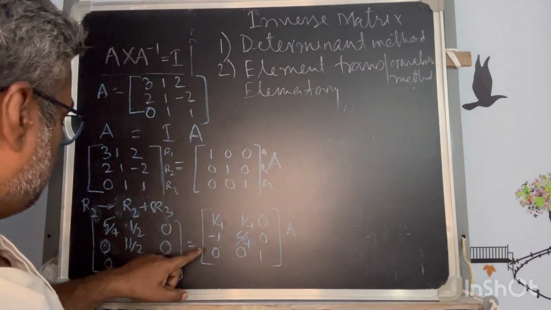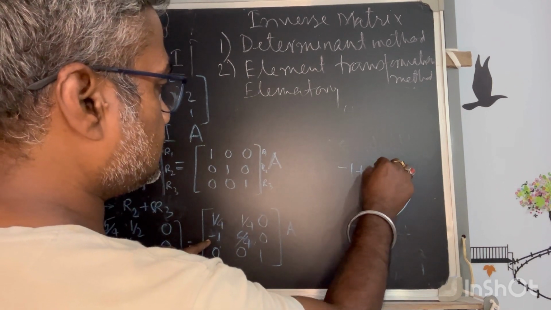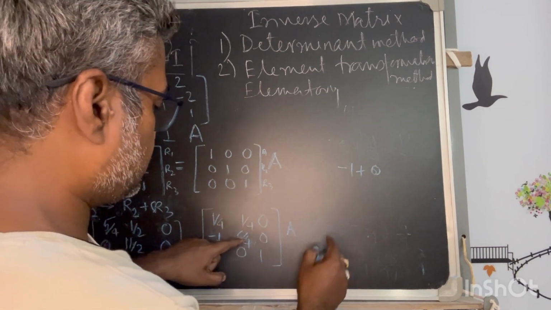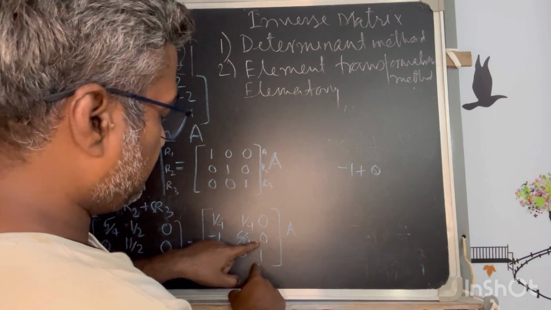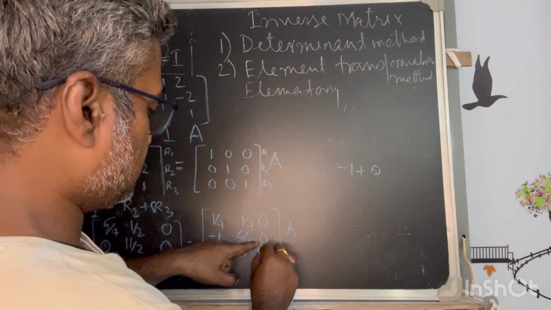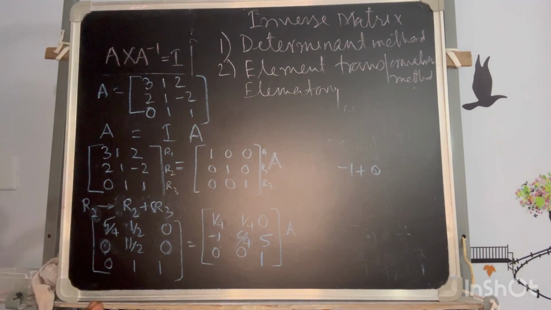The first operation, R2 will be added to 5R1. So 0, this will not change. This is 5 multiplying, this also will not change. If I multiply 5 here and add to R2, this is not changing, this will become 5. Fine.